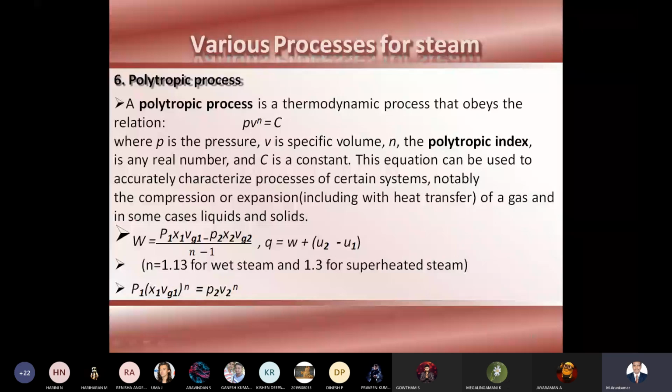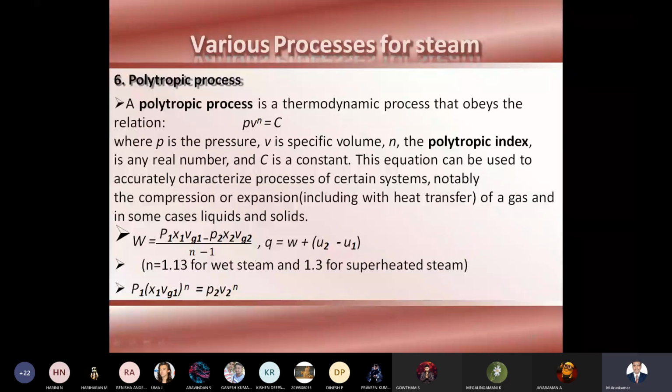So finally we can get W as (P1 V1 x1 minus P2 V2 x2) divided by (n minus 1), the change in PV divided by n minus 1, for the polytropic process PV^n equal to constant.